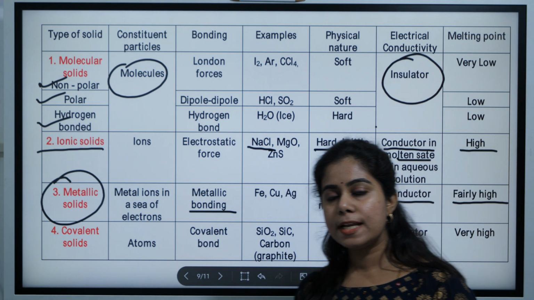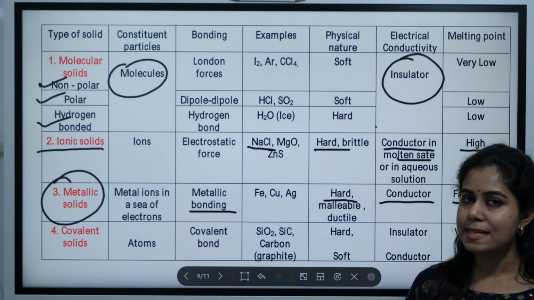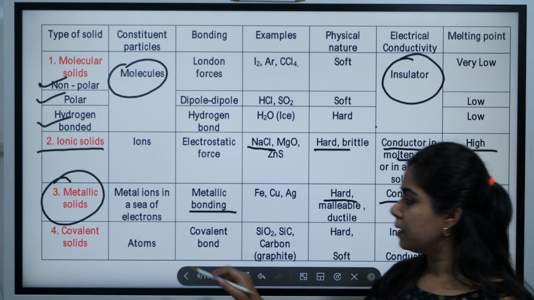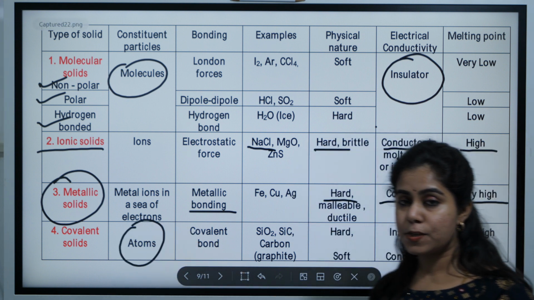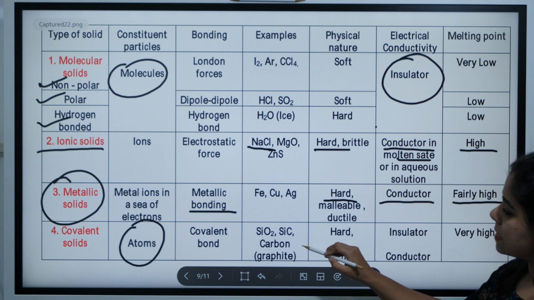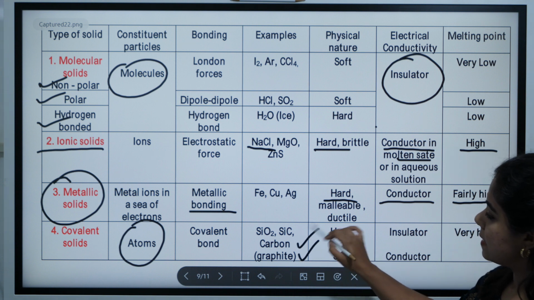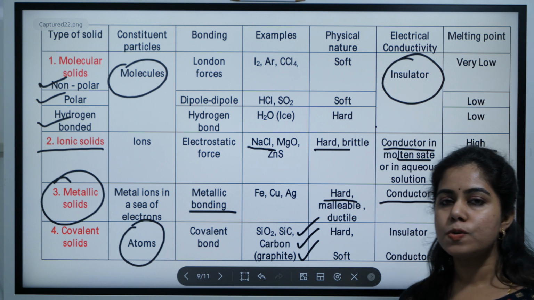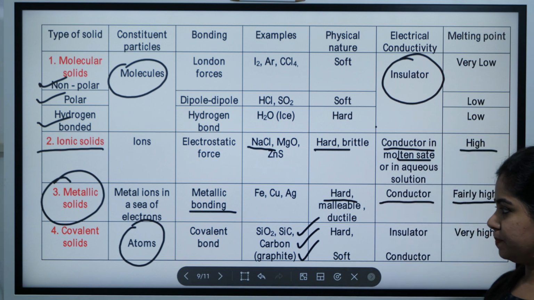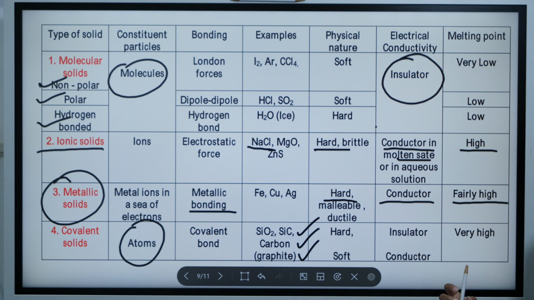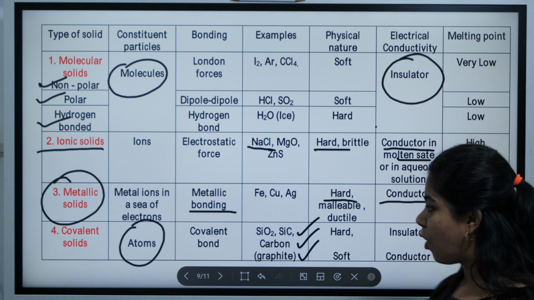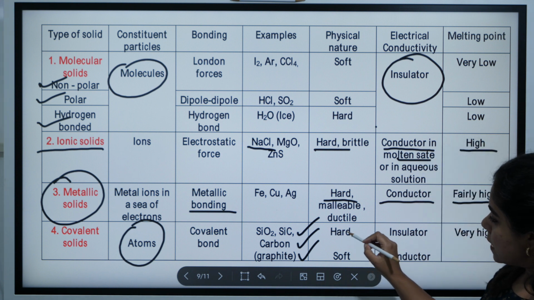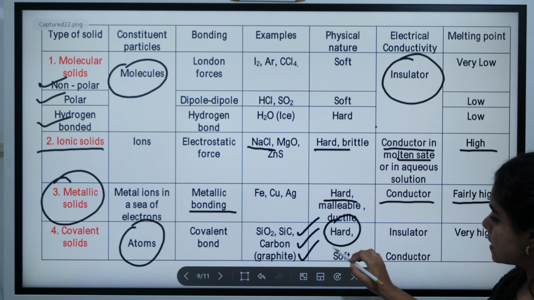And the last category is covalent solid. In the case of covalent solids, what will be the constituent particles? Yes, atoms will be the constituent particles, as in the case of diamond and graphite. Examples are diamond, graphite, silicon carbide, silicon dioxide, etc. Their force of attraction is covalent bond. Each carbon will be held together by strong covalent bonds. Some solids will be hard and some will be soft.